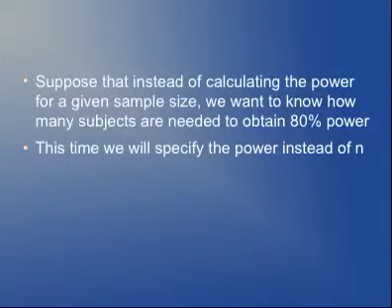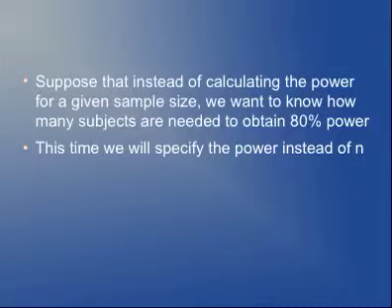So, as I just said, let's say that we want to change this slightly. Instead of calculating the power for a sample size of 11, let's say that I'm going to design this experiment and I want to know how many subjects I need to obtain 80% power for testing the null hypothesis of no difference between the two groups.